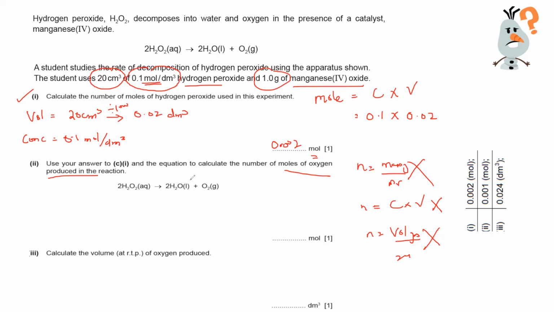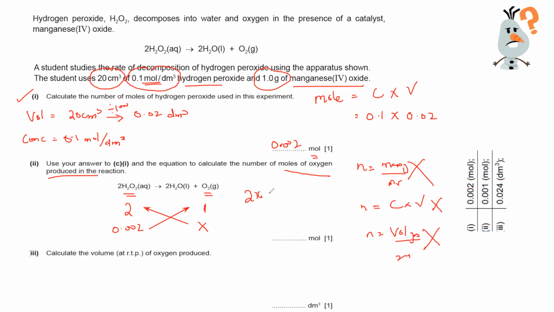What ratio can we use? Because we already worked out hydrogen peroxide, we can take a ratio between hydrogen peroxide and oxygen. If there are 2 moles of hydrogen peroxide, there will be 1 mole of oxygen. But if we have 0.002 moles of hydrogen peroxide, how many moles of oxygen will be there? x. Then we cross multiply: 2 multiplied by x is 2x, and 0.002 multiplied by 1.